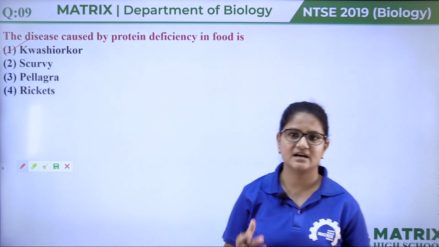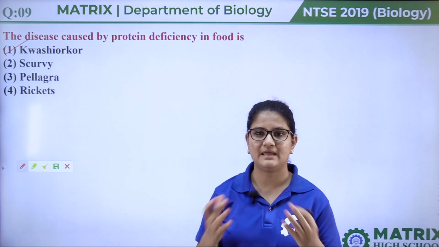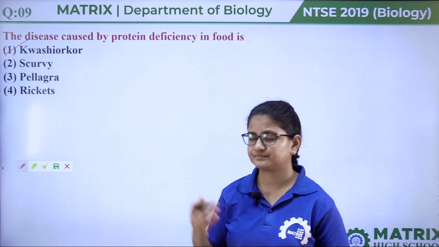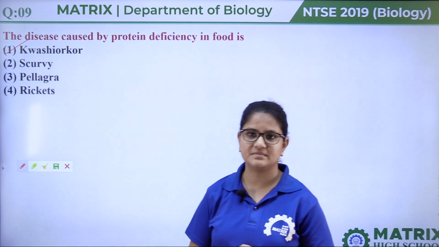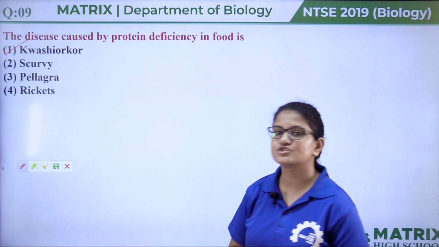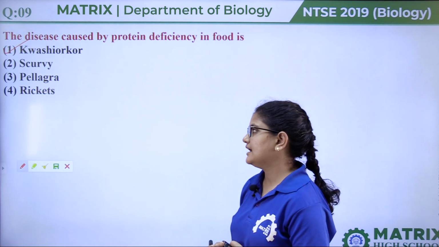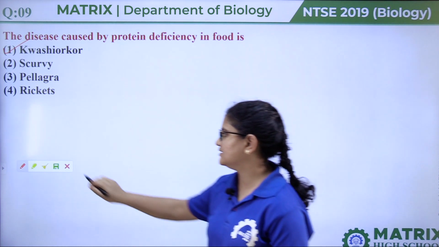It mainly occurs in children. The children become pale, yellow colored, and very weak. While scurvy is caused due to the deficiency of vitamin C, pellagra is caused due to the deficiency of vitamin B3 niacin, and rickets is caused due to the deficiency of vitamin D.